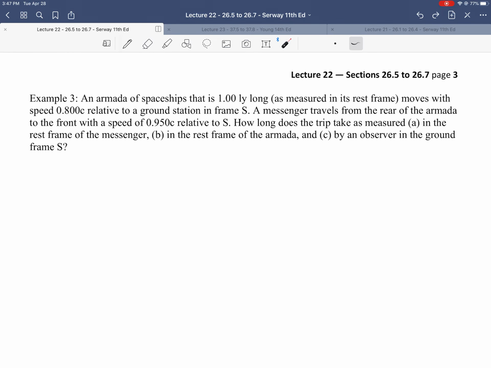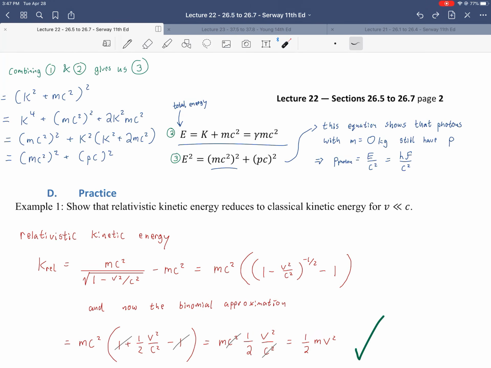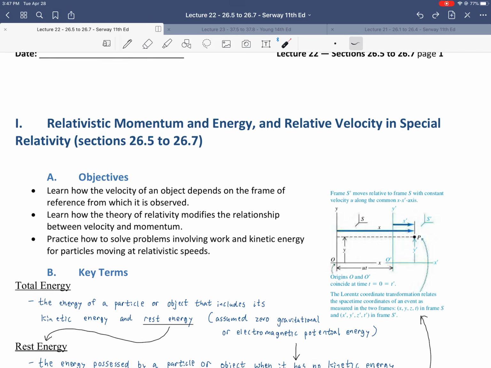Since we have 3 reference frames, what type of problem this should appear to be, and of course this takes practice to identify what type of problem we're talking about, is going to be a relative velocity in special relativity type of problem. Just like the one that I left for your practice, example 2, example 3 is that same type of problem. It's got a bit more to it, right? More story and so on.